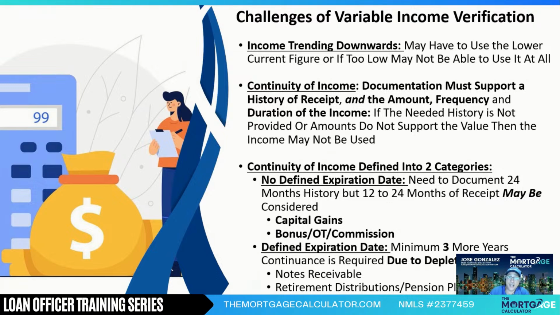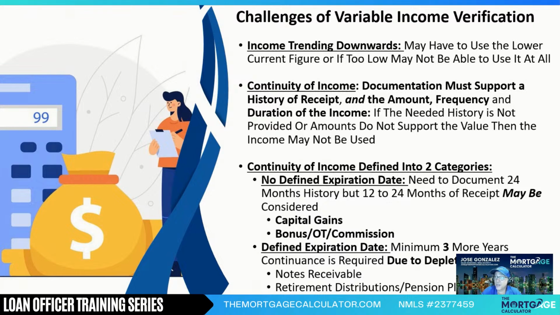The second challenge that you heard me mention a couple of times already is continuity of the income. That's another big challenge. Not only that the income may decrease, but that the income may be eliminated, right?